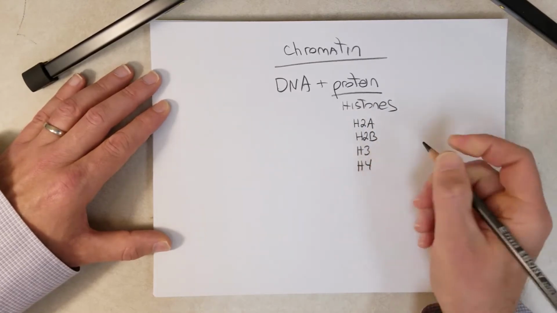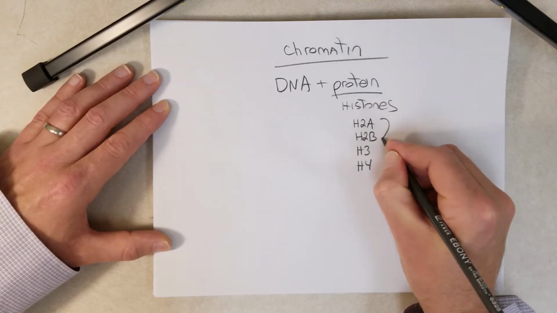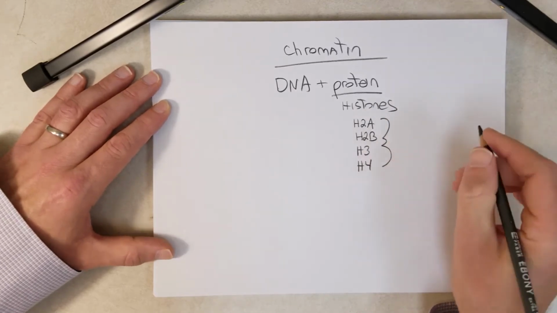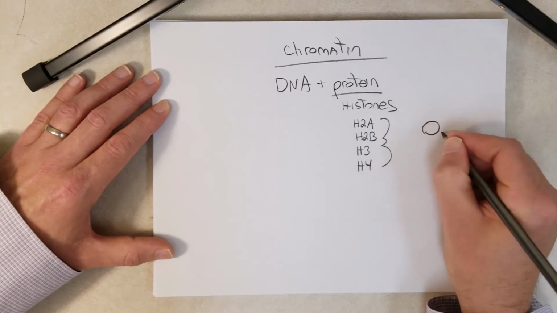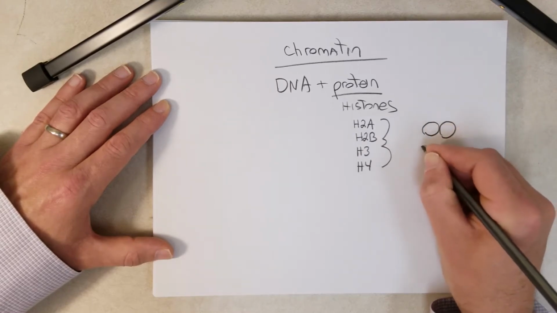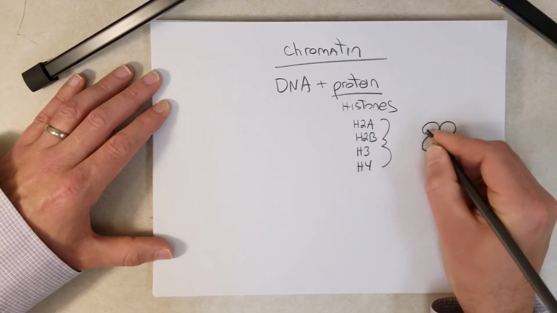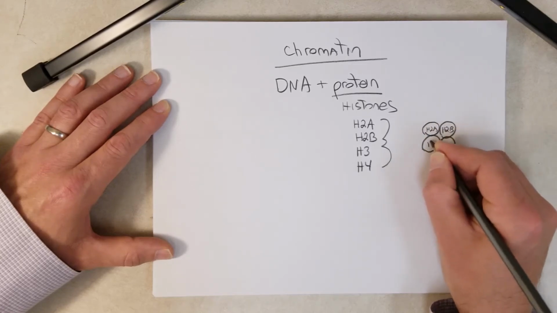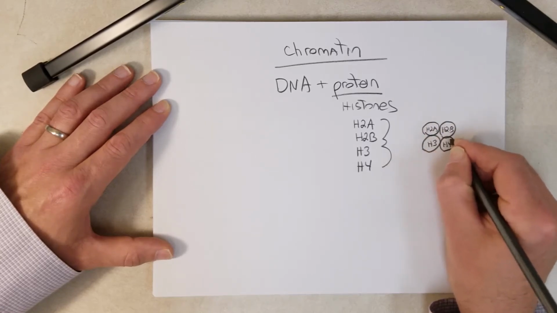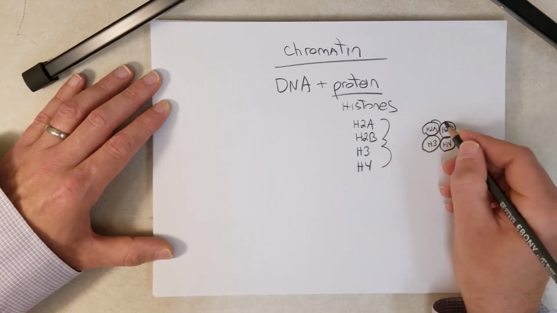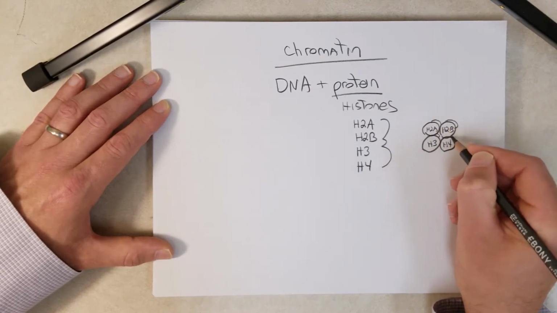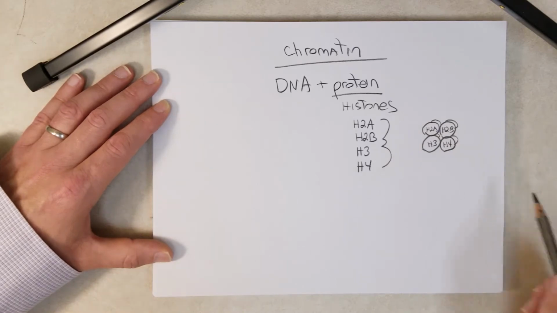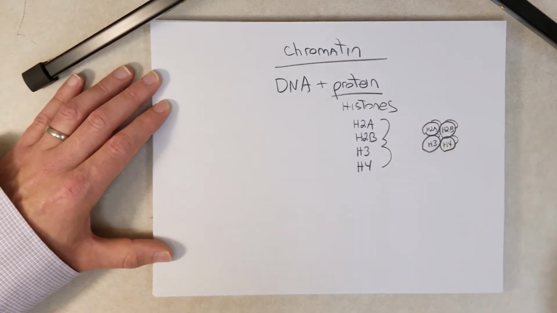and H4. Now we're going to have 2 of each of these to give us this octamer of histones. So let's say this is H2A, H2B, H3, H4, and then we have one more of each of those behind here, and then we have this octamer of histones that looks something like that.